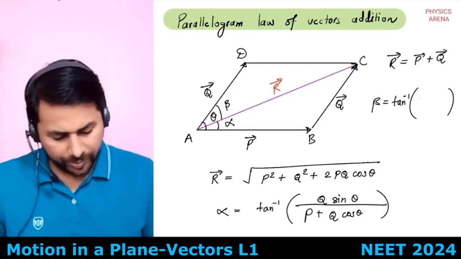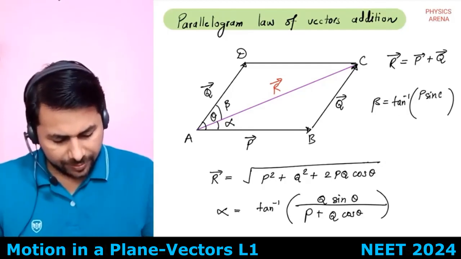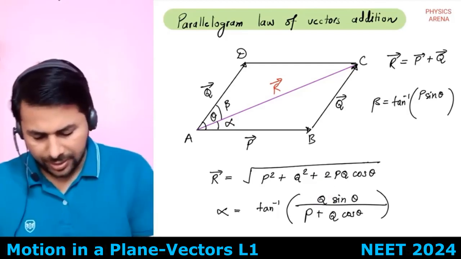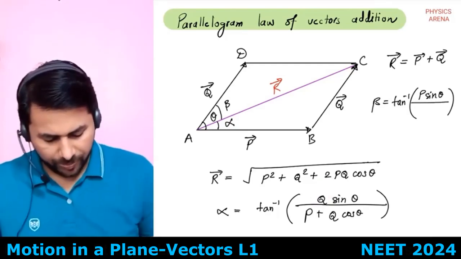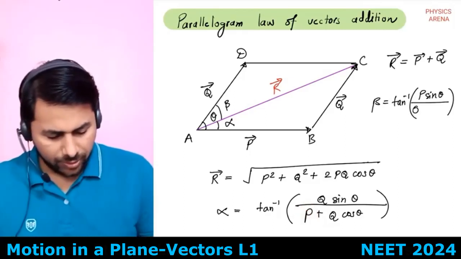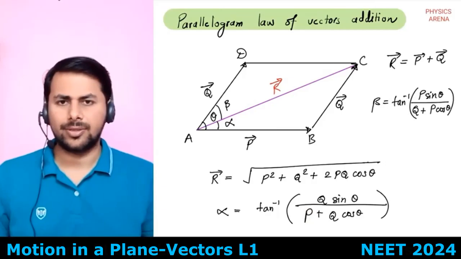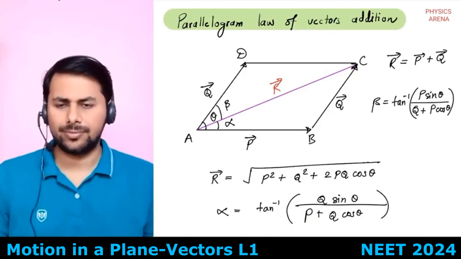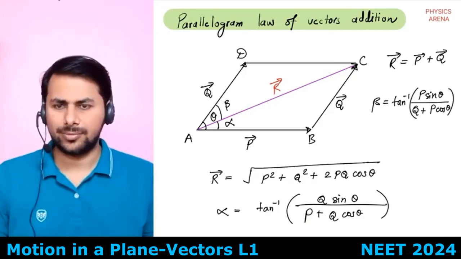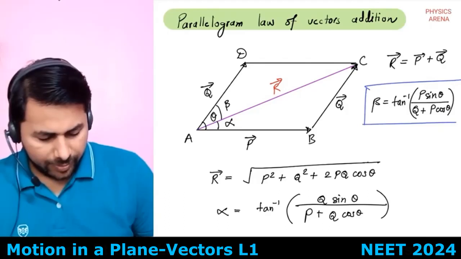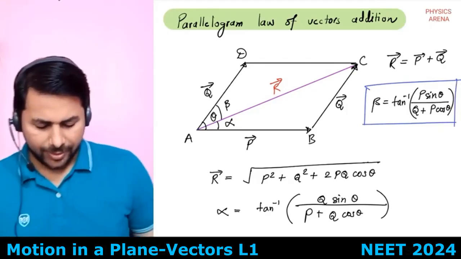So here it will be p sine theta divided by q plus p cos theta, right? Yes, sir. Okay, good. So you can find out beta also.